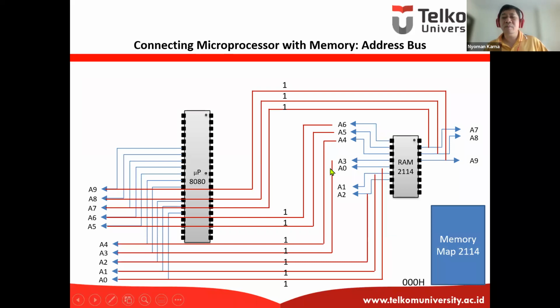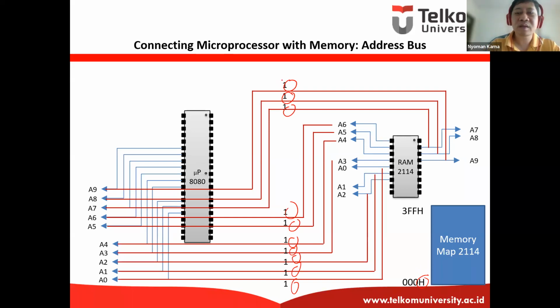The memory map starts with the address of 000, because everything is 0. Then the first address of the memory is 000 in hexadecimal. That's why it's called hex. And then the last address of the memory is 3FF.